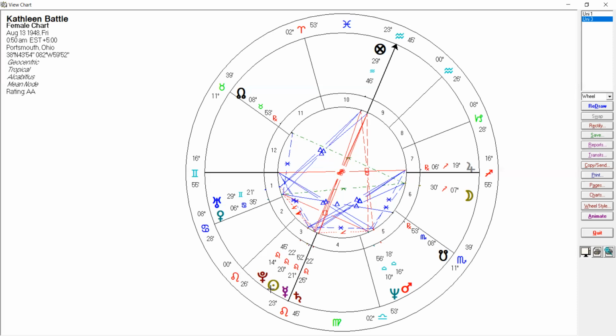To find the part of spirit, it is the opposite. What I just described was the part of fortune: by daytime, starting at the sun and going to the moon's position; by nighttime, starting at the moon and going to the sun's position. However, this is different. We do it exactly the opposite. By daytime, we would go from the moon to the sun. By nighttime, we would go from the sun to the moon.